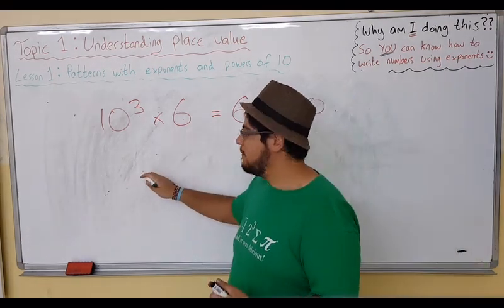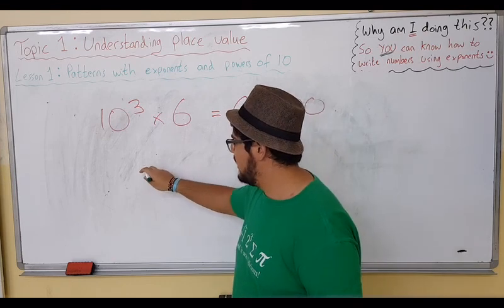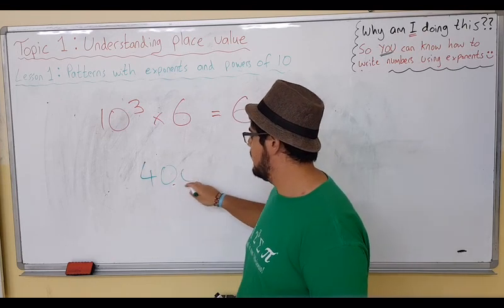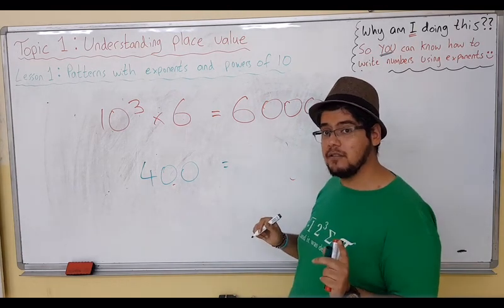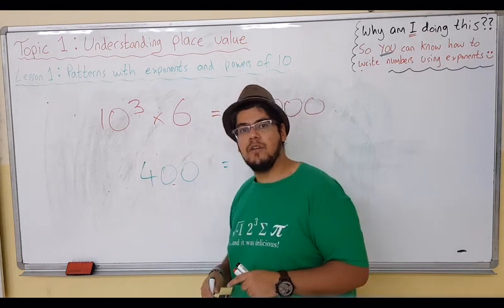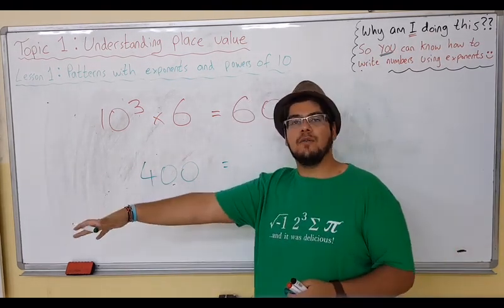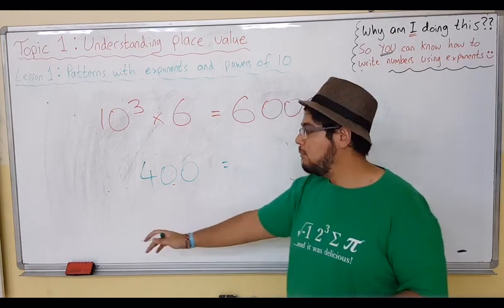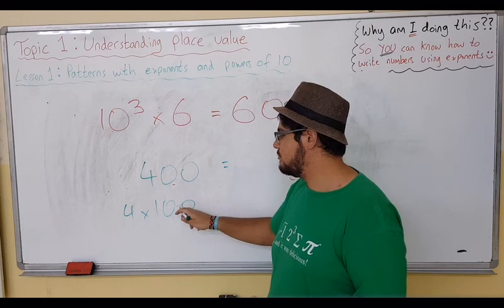So, okay, I'm doing one last example. Let's say we have 400. Can you turn it into an exponent? Into something that looks like this, okay? Yes, you can. So we have the 4, right? Take the 4 out. We don't need the 4. Because what is this? This is simply 4 times 100, right?